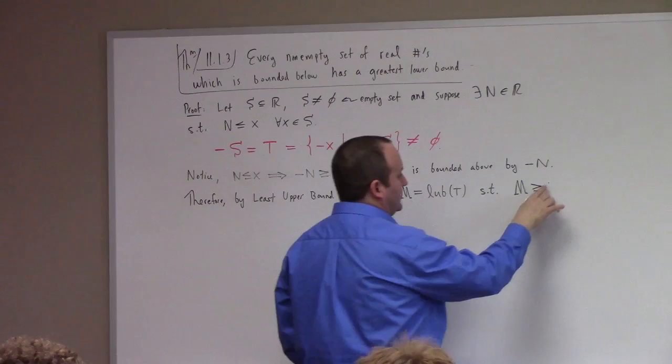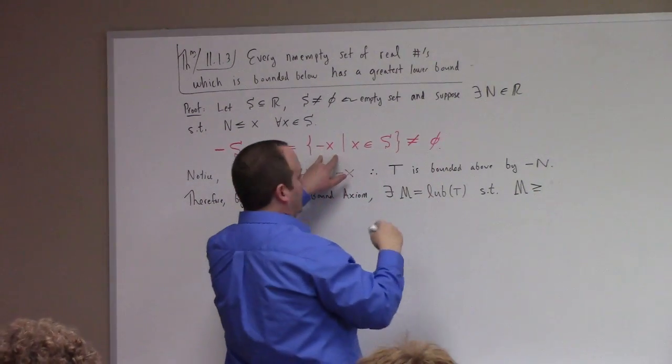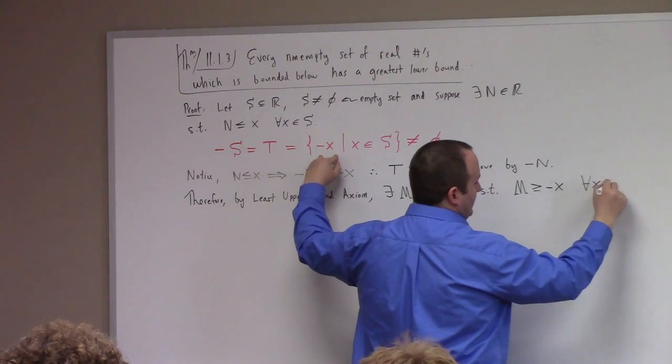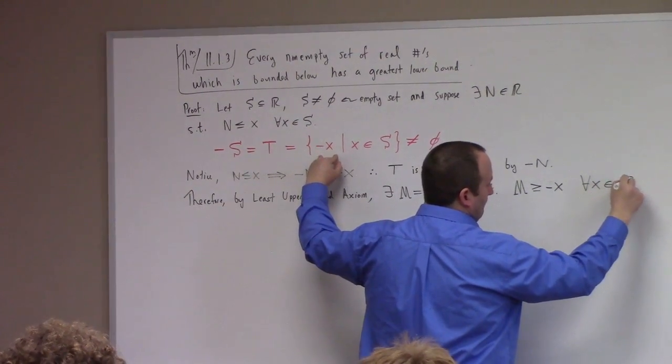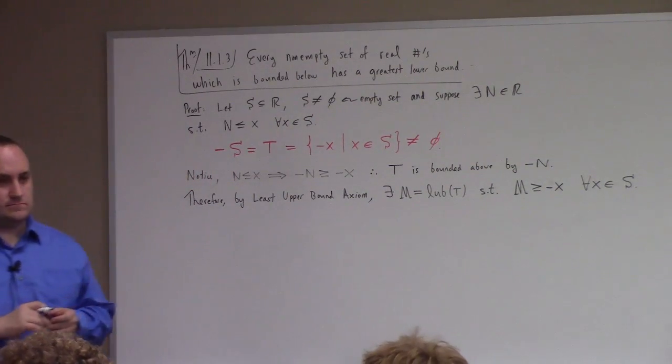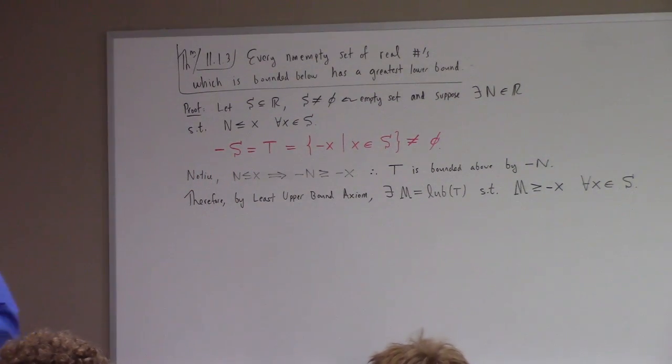What do the elements of T look like? Minus x for all x in S. It's just a smart way of describing the elements of T.